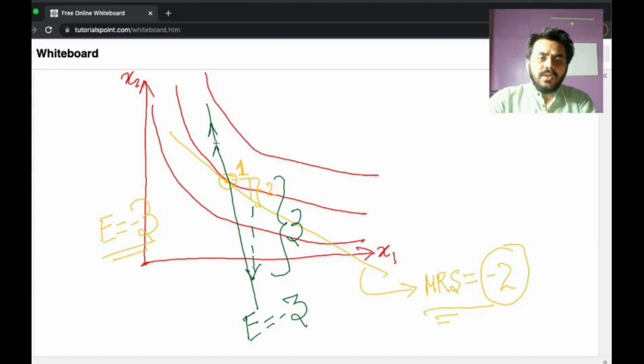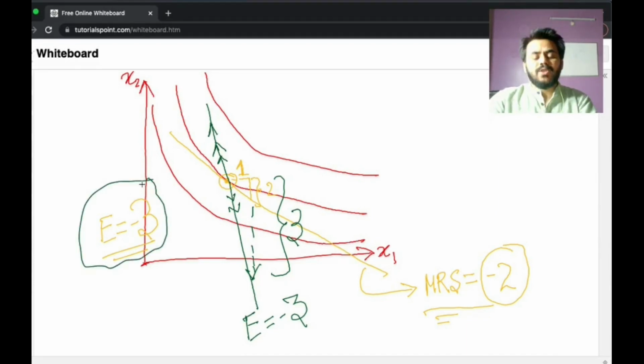Which means you would not like to part with your good 2, because in that case if you give up your good 2 in order to gain more of good 1, you will move to the right bottom, which is a lower indifference curve. So you see, when I give you an exchange rate which is of a greater value in absolute terms than your MRS, you would like to move towards good 2. And what is the other case?